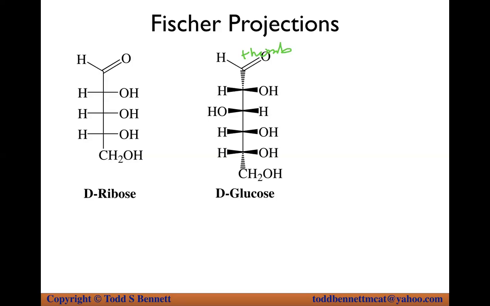If you fold your fingers so that you can see the fingernail, fingernail, fingernail, then you'll have your index finger pointing to the right, your middle finger pointing to the left, your ring finger pointing to the right, and your pinky pointing to the right. That represents the orientation of those OHs. Good way to remember it. Ribose is all right. That hand position can help you learn glucose.